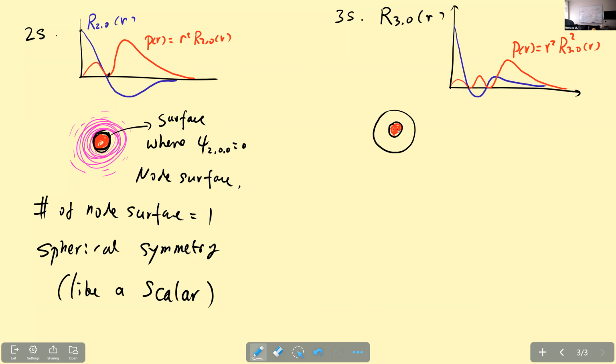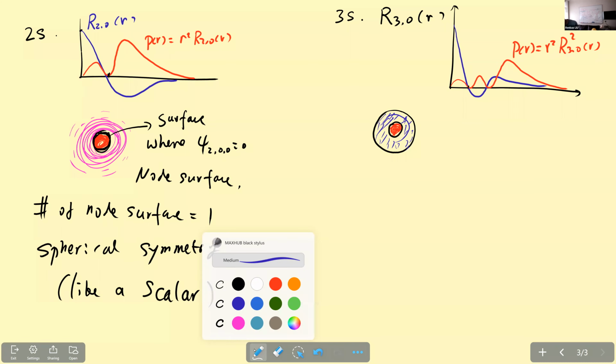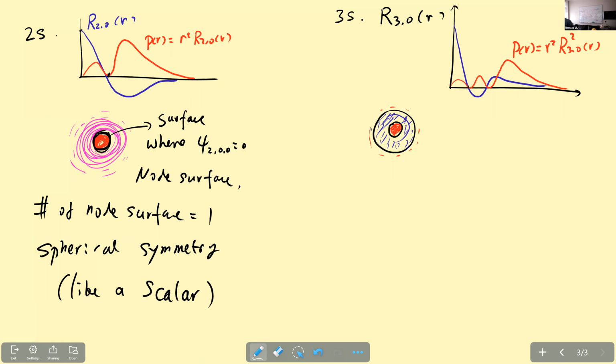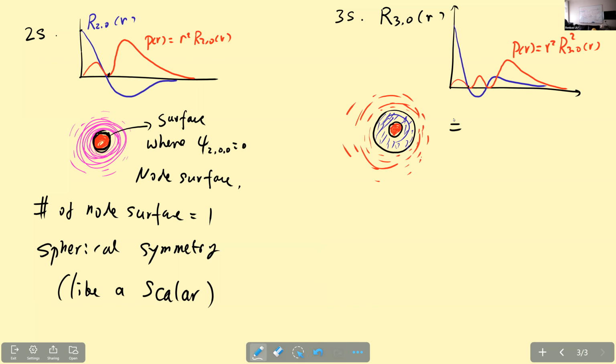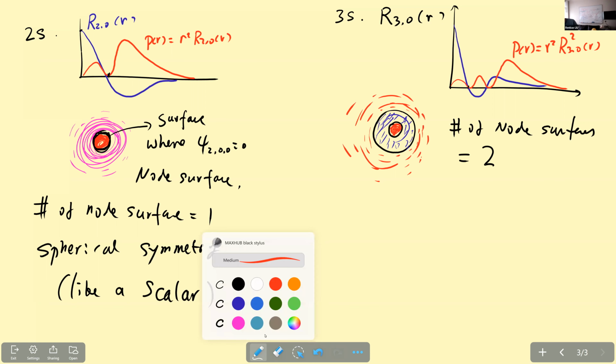So the phase is positive, and this one, okay, the phase is negative, and outside again, right? Okay, so if you look at the phase, first of all, you have a number of node surfaces equal to 2, right? And then look at this phase.